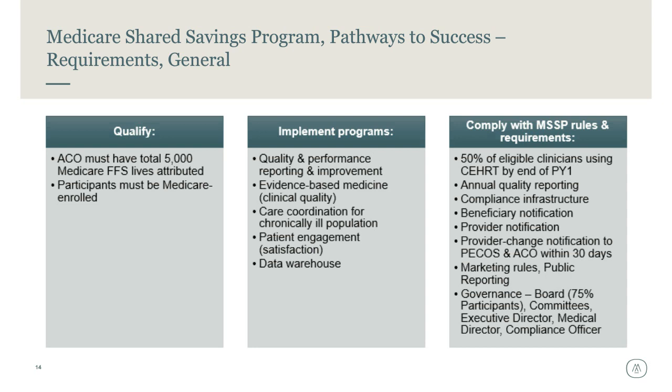Every ACO has a public reporting website. So if you're familiar with any Medicare ACOs, you should be able to go on their website and see who their participants are, the names of the people on their board and committees, and if they've been in the MSSP for a while, you can see their performance on prior years. You have to have a board, and the board has to have 75% representation of participants.